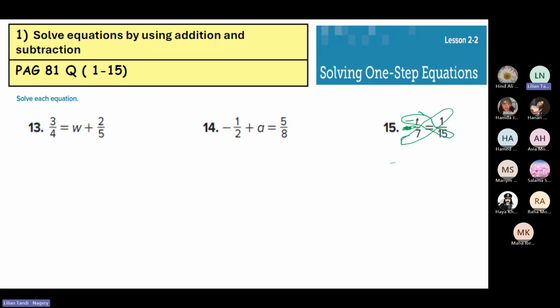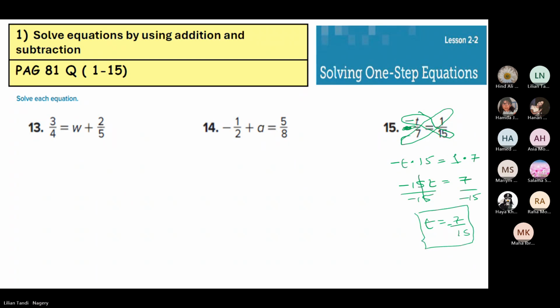So you have negative T multiply 15 equals 1 multiply 7. Negative 15T equals 7. Divide by negative 15. T should be 7 over 15, but negative. And you box your answer. Okay, thank you. You're welcome.